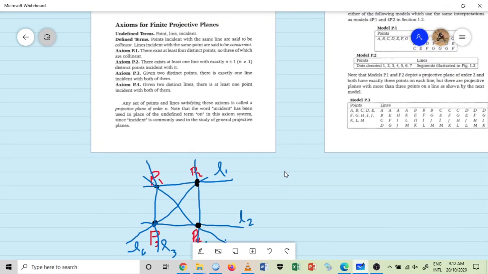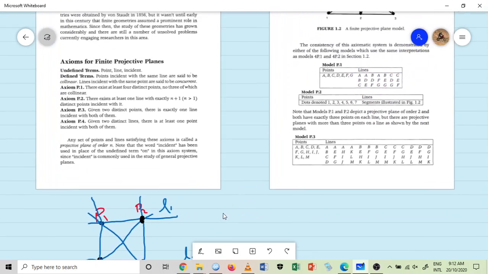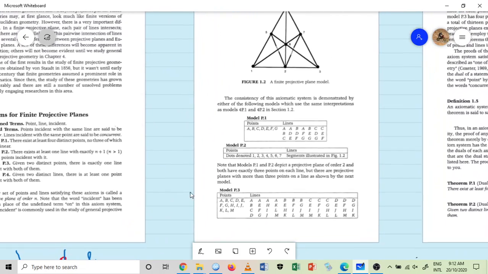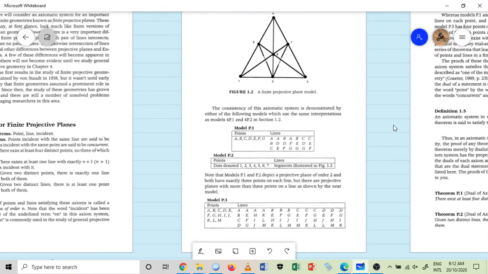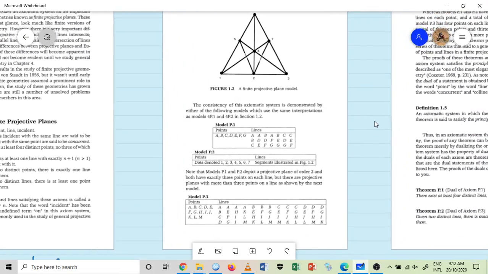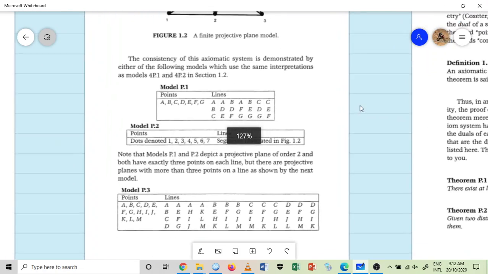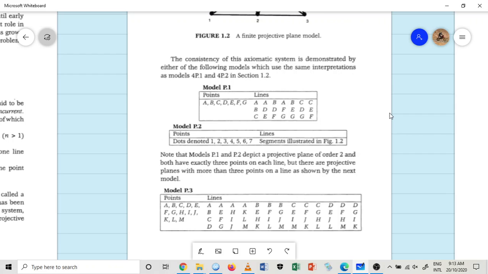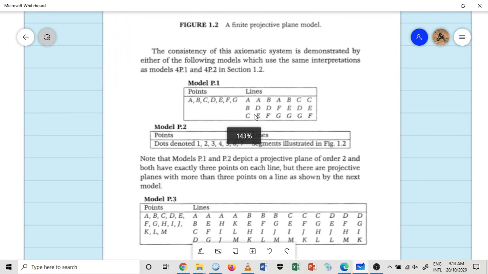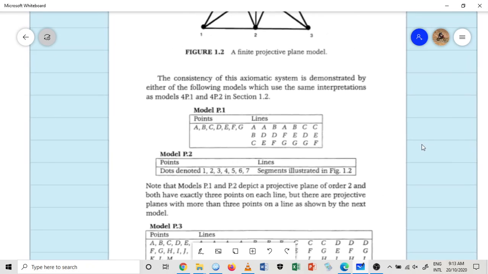Now, we have here some models that would help us understand how this axiomatic system works. Here are 3 models. In models P1 and P2, each line has 3 points. Actually, models P1 and P2 are just isomorphic.